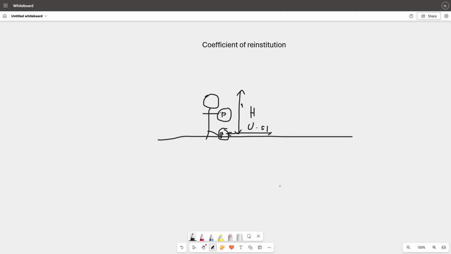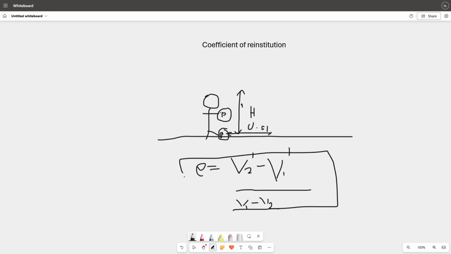that kinetic energy is fully conserved, and we can express that by this formula, which is e equals v final over v initial, the ratio of the final velocity divided by the initial velocity. So this is the formula, guys.